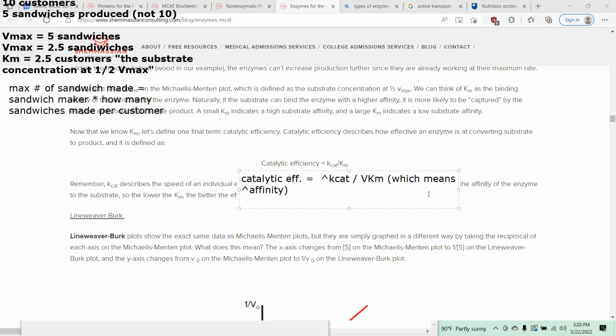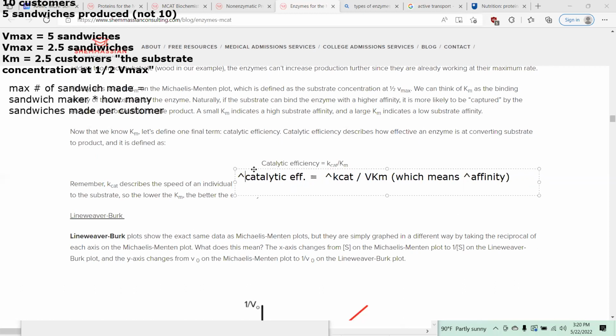If it's a low level of combativeness, then it's an increased affinity between them. And then this sandwich maker is really good at his job. He's really good at flipping the ingredients into a sandwich. Therefore, he's very catalytically efficient, and he's very fast at getting the customer a sandwich, and he's out the door. And he gets a nice tip for his hard work, right?